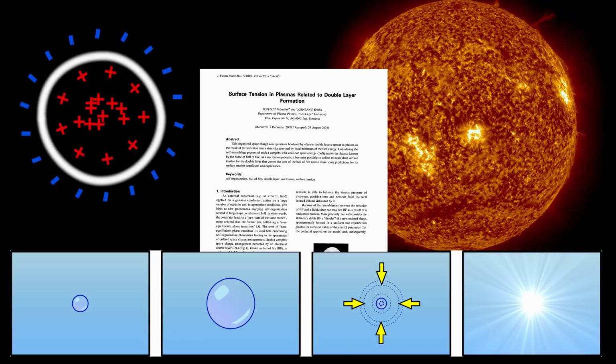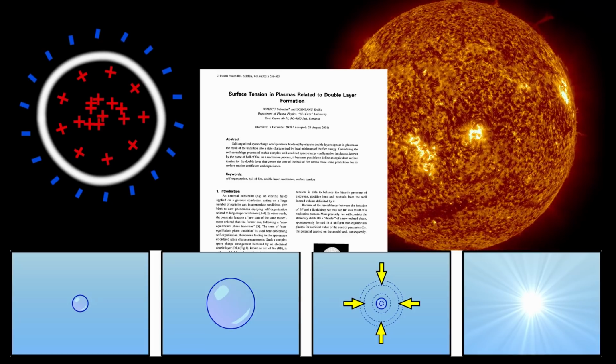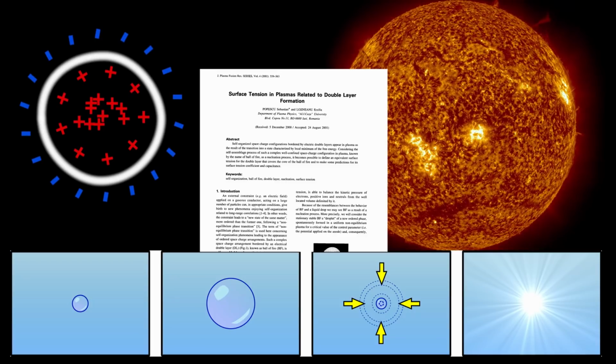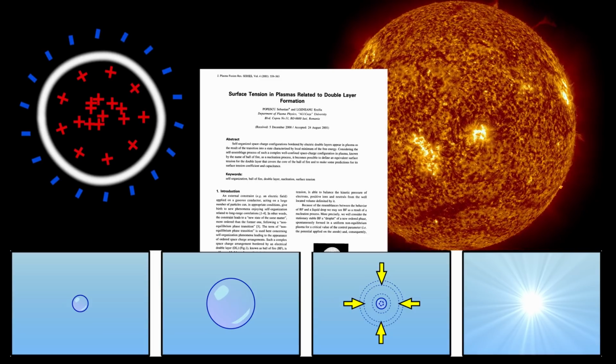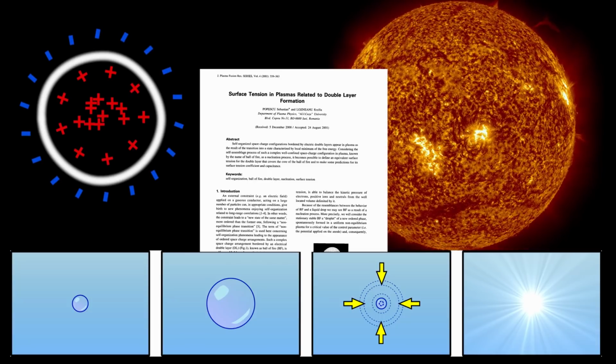But I think to be clear for people who are watching, we're not necessarily saying this is the solution. It's more that this is a link that we identify between what we see in stars and in the behavior of certain types of plasma, and what we see in bubbles. And there has to be a link there.